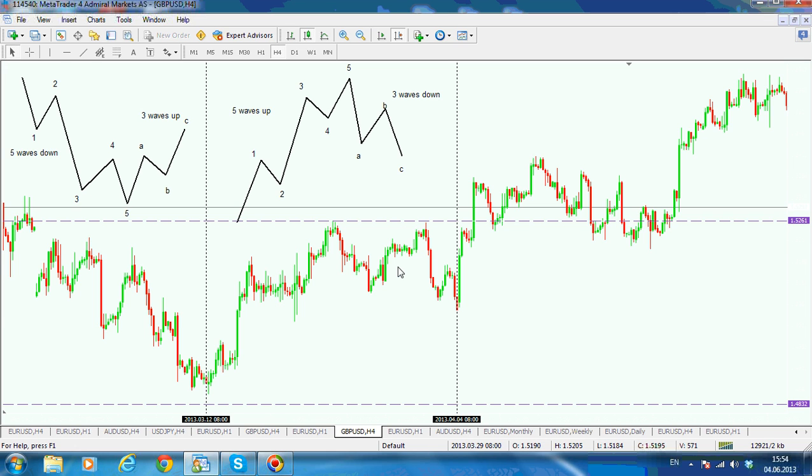What needs to be done all the time is to check if the rules are respected, and by the moment it is invalidated, then the scenario should just be eliminated. Under this concept of 1, 2, 3, 4, 5 and ABC can be viewed different patterns, for example, within the currency market.